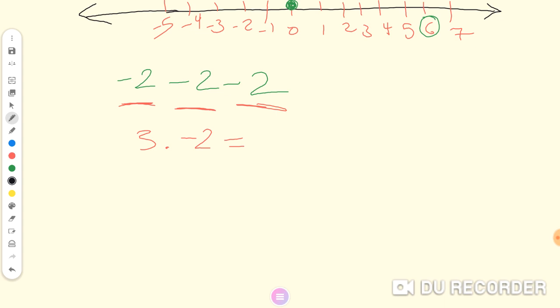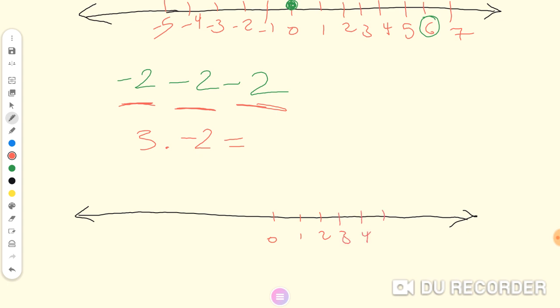All of you know how to use the number line. So we'll start from 0, 1, 2, 3, 4, 5, and so on. Next, in the opposite direction, -1, -2, -3, -4, -5, and -6.